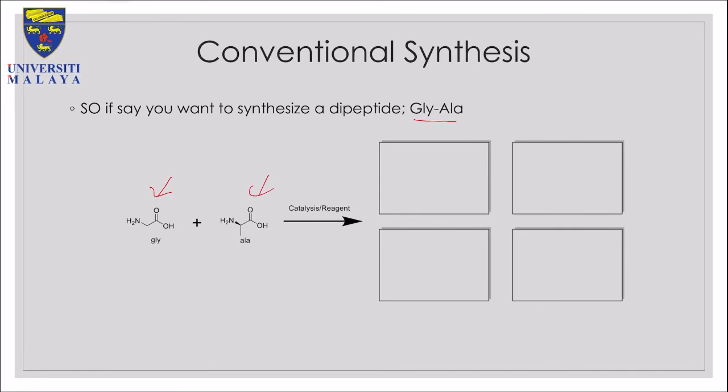However, what you will get is not simply glycine and alanine. Some side reactions will occur. For example, of course, you will get your glycine and alanine dipeptide, but you might also get alanine and glycine dipeptide. You might get glycine and glycine, and you might also get alanine and alanine. So these are the four basic possibilities that you can get.